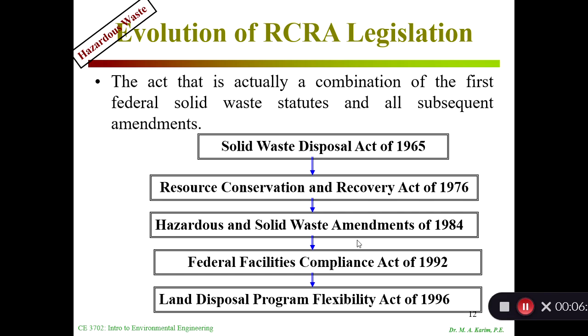The Federal Facilities Compliance Act of 1992, then the Land Disposal Program Flexibility Act of 1996. Before 1992, facilities owned by the federal government may not have needed to abide by the state government rules and regulations. But after the 1992 Act, definitely they have to do that.